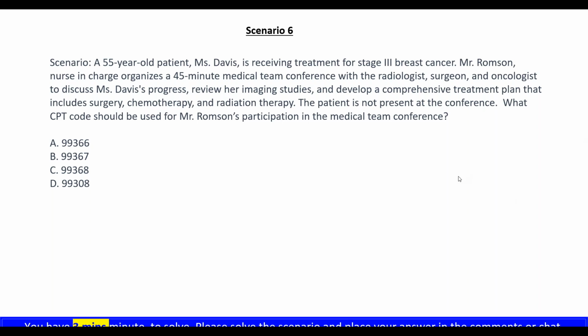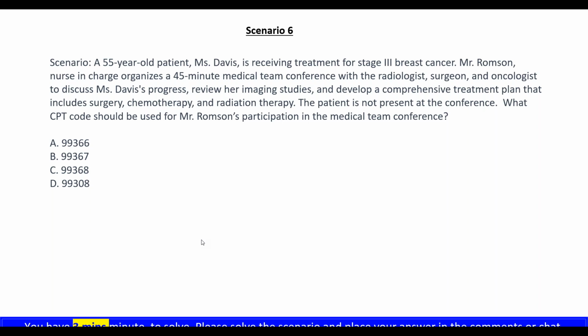Hello coders, your options are A 99366, B 99367, C 99368, D 99308. A 50-year-old patient, Miss Davis, is receiving treatment for stage 3 breast cancer.